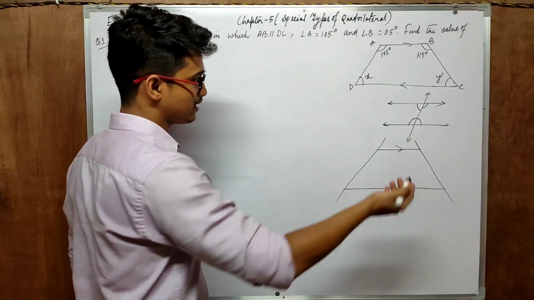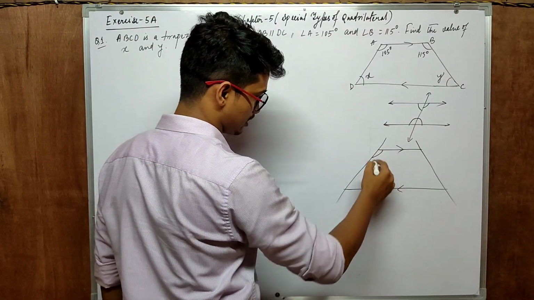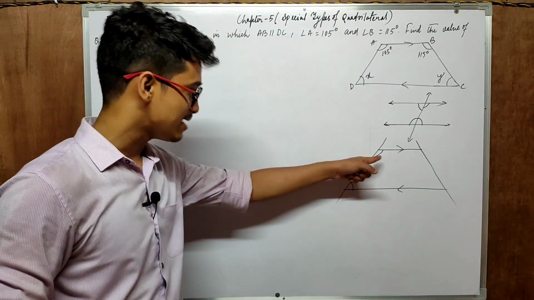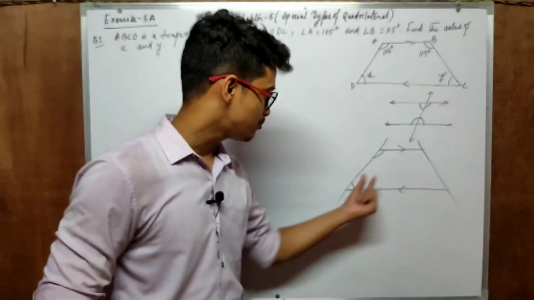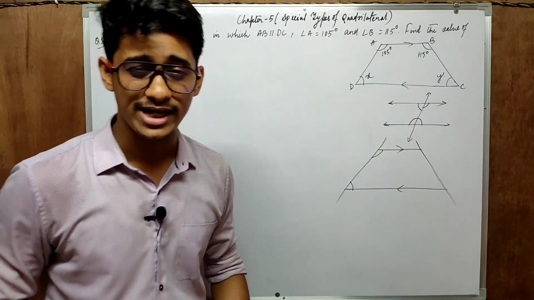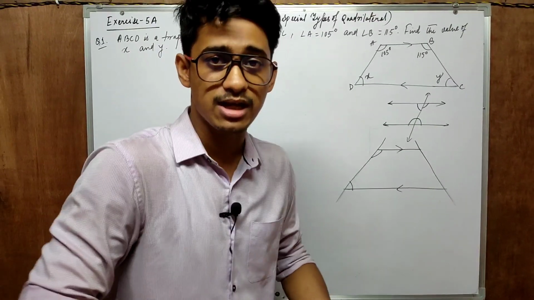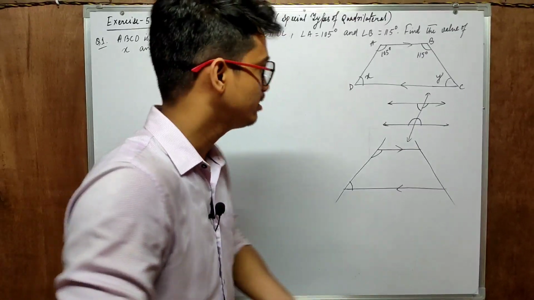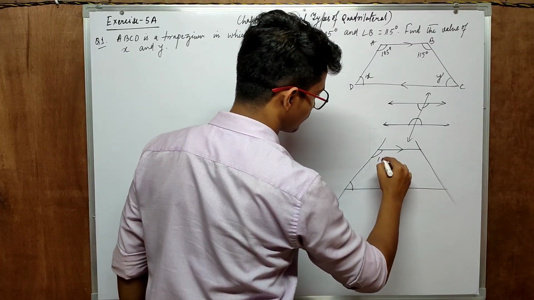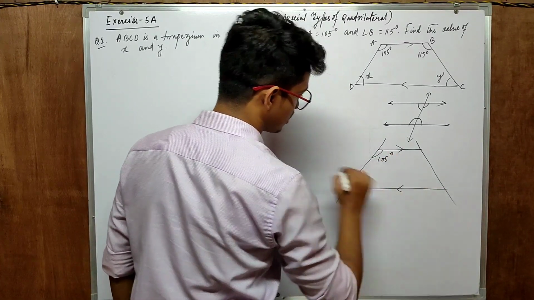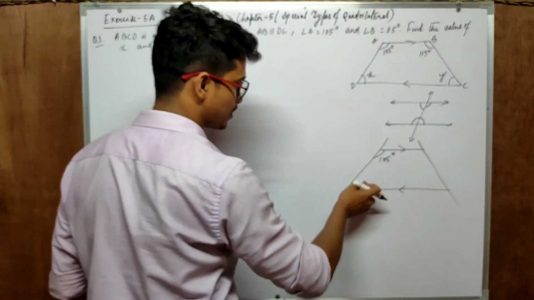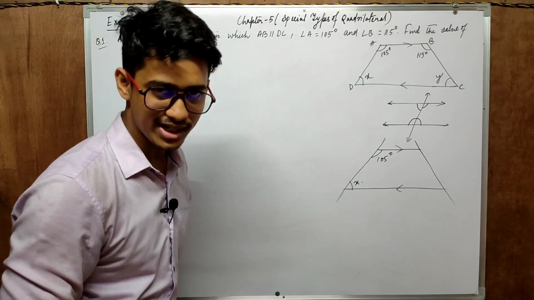In the transversal we have already found that the same side angles form 180 degrees. Which property is that? That is the co-interior angle. So there is 105 degrees and there is x. So we need to do 105 plus x equals 180 degrees.